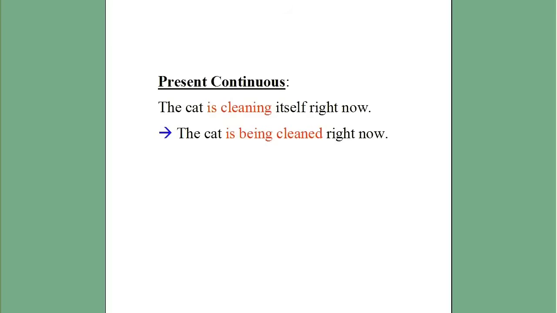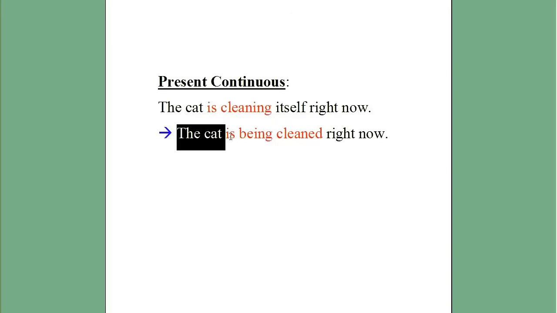Present continuous. The cat is cleaning itself right now. So, in this case, this is an active sentence with present continuous. Here, the subject and the object are the same thing. So, we can omit it altogether and go straight to the object, making it the subject. The cat, okay?